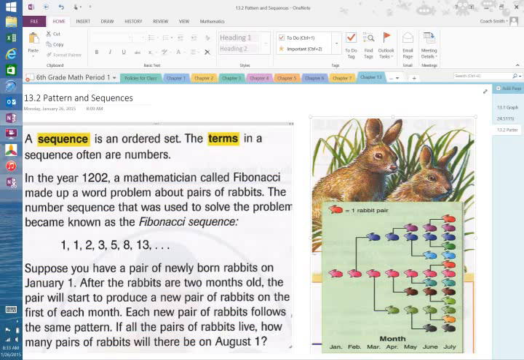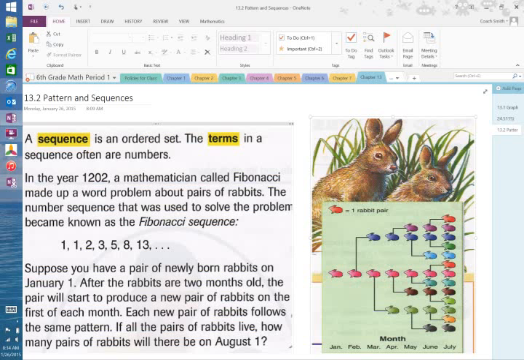It does not equal one rabbit; it equals a pair of rabbits. Then it says after the rabbits are 2 months old, the pair will start to produce a new pair of rabbits on the 1st of each month. Each new pair of rabbits follows the same pattern. If all the pairs of rabbits live, how many pairs of rabbits will there be on August the 1st?